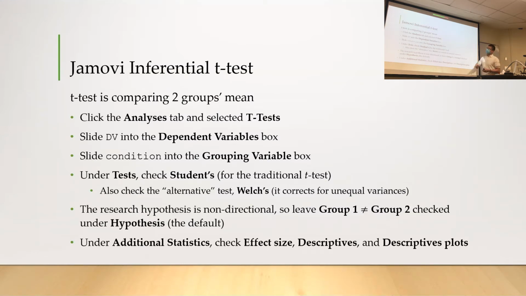So for t-test, again, it's comparing two groups' means. You will click Analysis tab and then select t-test. You will slide your dependent variable to the dependent variable box. That's pretty straightforward. And then your condition. When you assign your participants into different conditions, you will give them a number. I'm going to use your group as an example. So you guys have rock, scissors, papers, right?